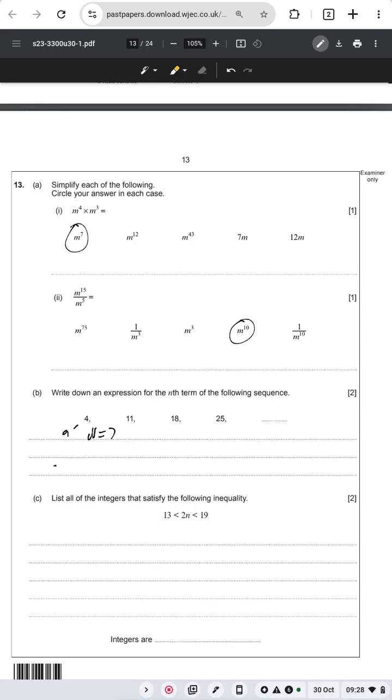So we're going to start off with a and add n minus 1 multiplied by the difference, which is 7, and therefore this would give 4 plus 7n minus 7. So this would give us minus 3 plus 7n.